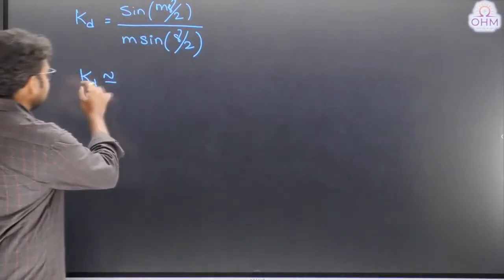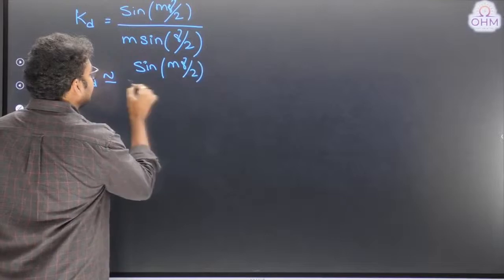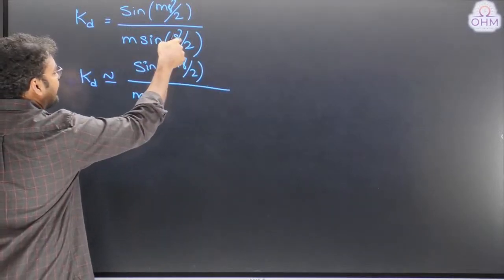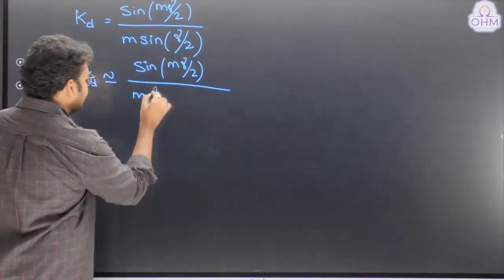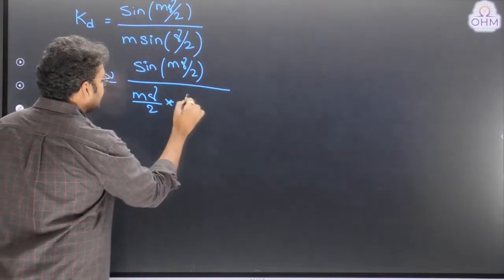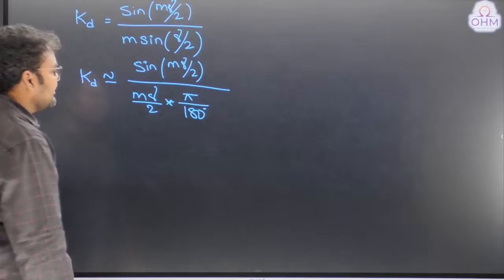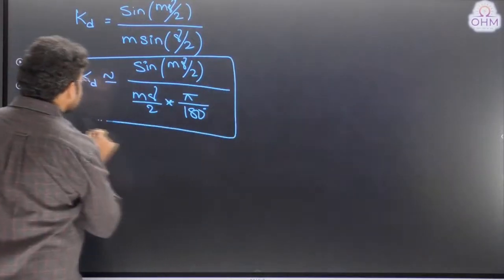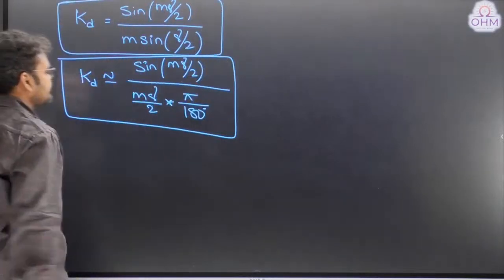In that case, the approximate formula for the distribution factor is sine m gamma by 2 divided by m, and if gamma is very small, sine gamma by 2 is approximately equal to gamma by 2. And to convert into radians, we will multiply by pi and divide by 180. This is the approximate formula for the distribution factor, and this is the exact formula for the distribution factor.